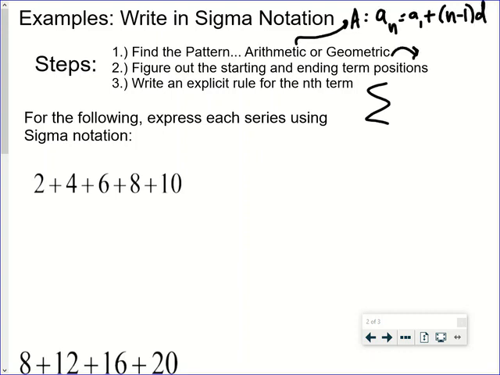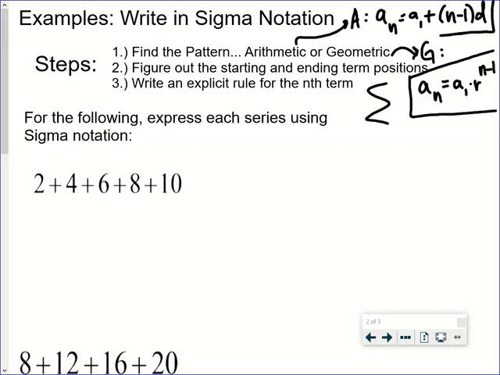And then for geometric, it is a sub n equals a1 times r to the n minus 1. So these two formulas you have to know in order to figure out your sigma notation. So depending on which kind of series or sequence you have, you will use one or the other to kind of start the process.